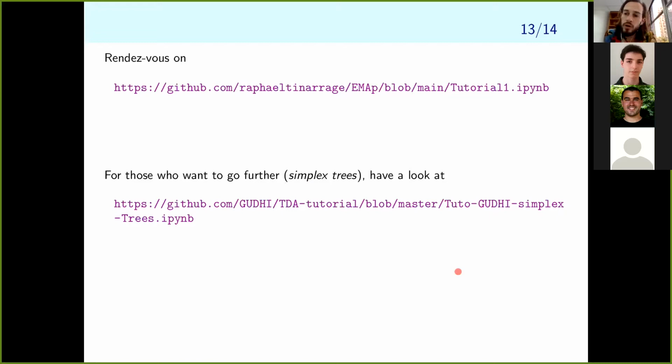When we do topological data analysis, we will use a richer structure than simplicial complexes. And this other structure is called Simplex Trees. So if you want, you can have a look.